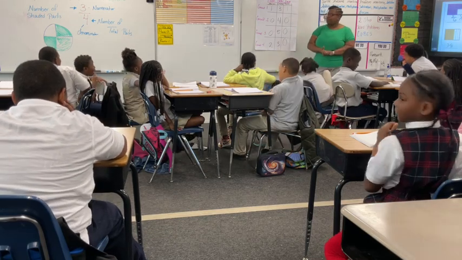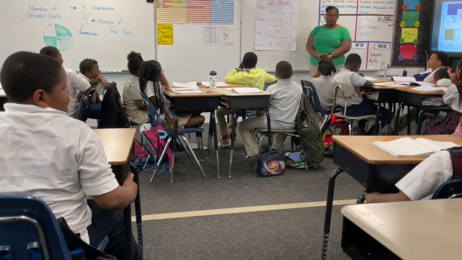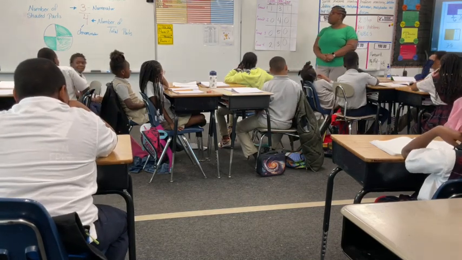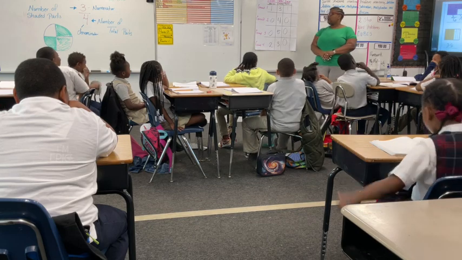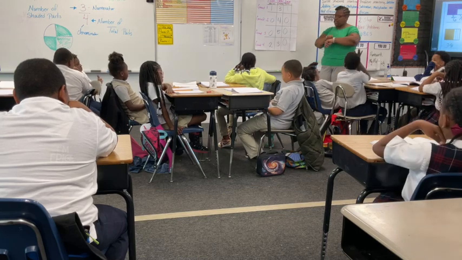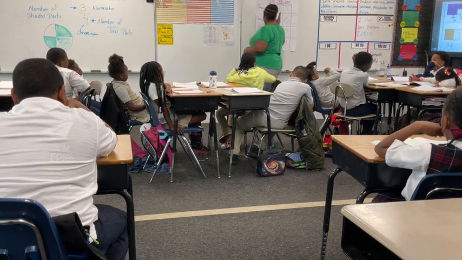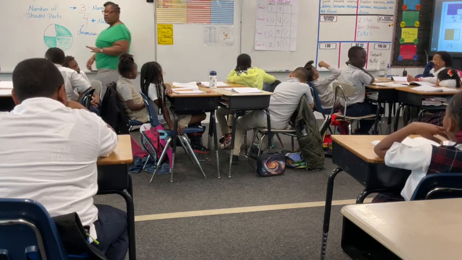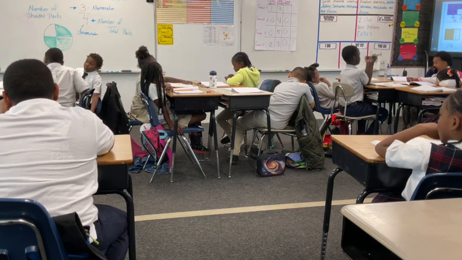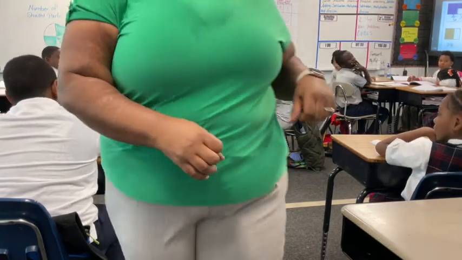What you all are going to do, you're going to tell me the fraction of group members that want cheese, the fraction of the people in your group that want pepperoni, and the fraction that want meat lovers. So take a moment, work that out with your group, and we will reconvene.